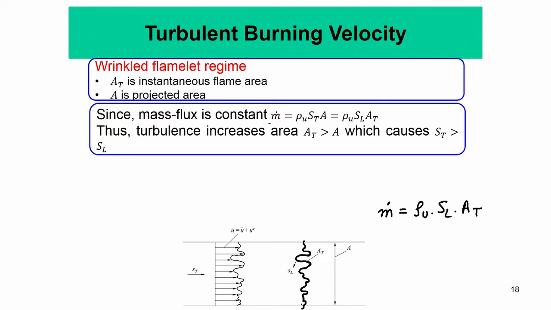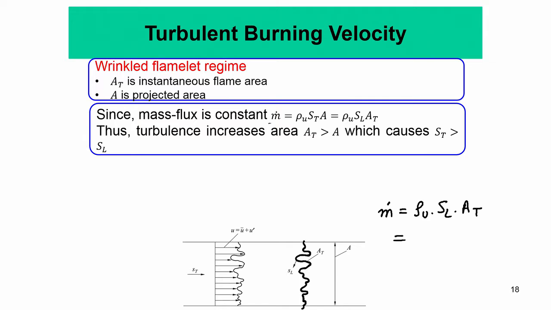This is coming from the upstream mass flow rate, which is fed at a speed equal to the turbulent flame speed, because the flame is statistically stationary.